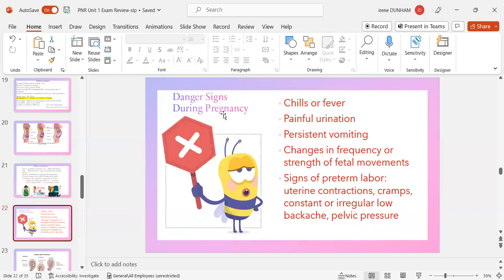And your danger signs during pregnancy. Chills or fever, 100.4 or greater. Painful urination, absolutely, because that leads to preterm labor. Persistent vomiting: you should have nausea and vomiting in the first trimester, going up to 14 weeks gestation, and then if it gets very severe and persistent, it goes into that condition called hyperemesis gravidarum.